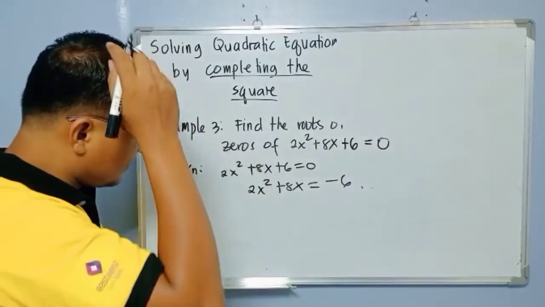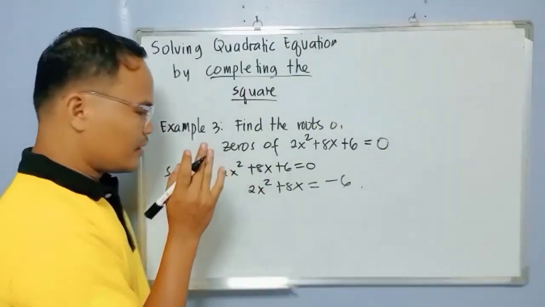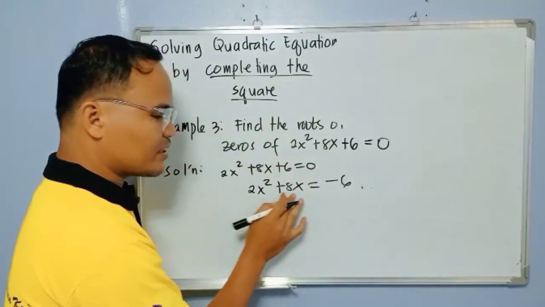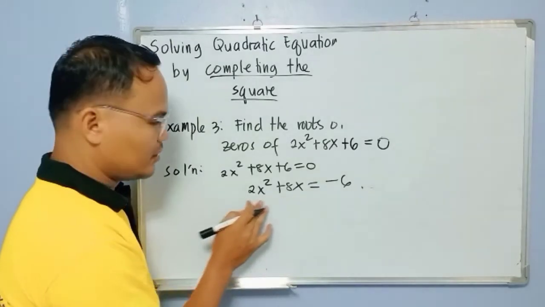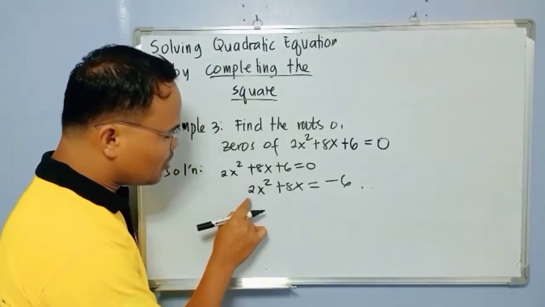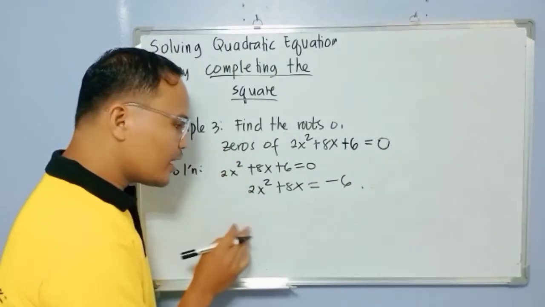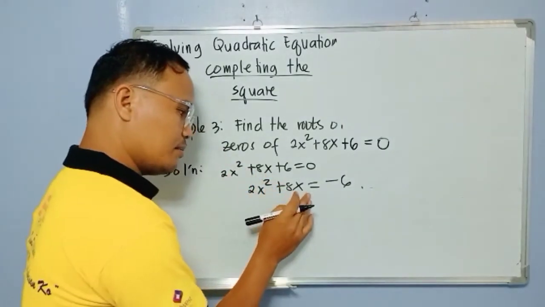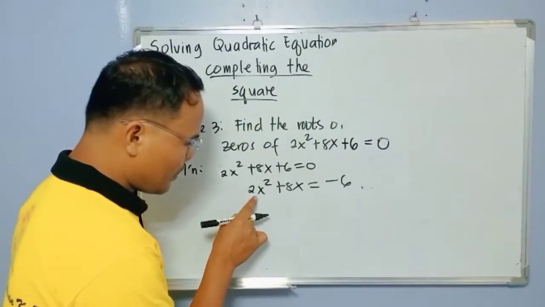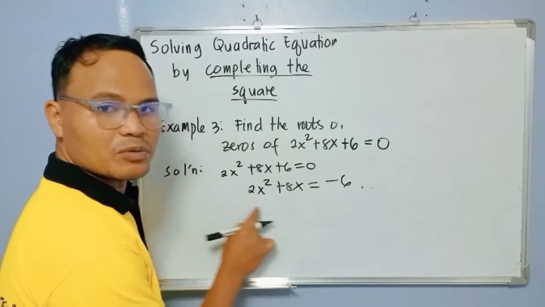Here, we cannot make this one a perfect square trinomial, because our a here is not equal to 1. We can only make a binomial into a perfect square trinomial if our a is equal to 1.